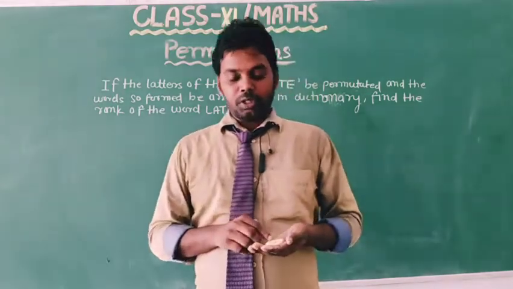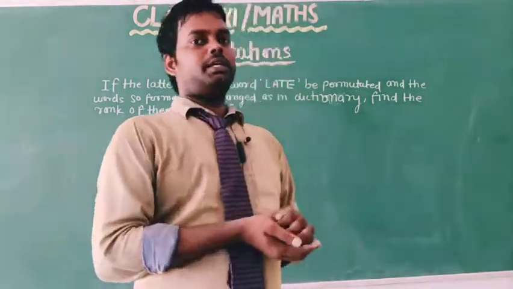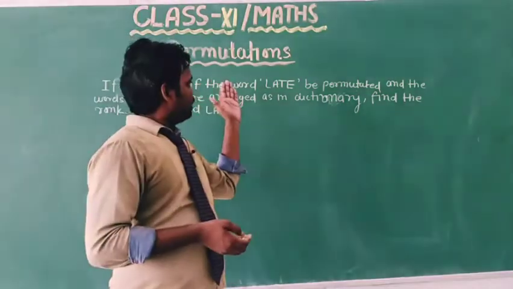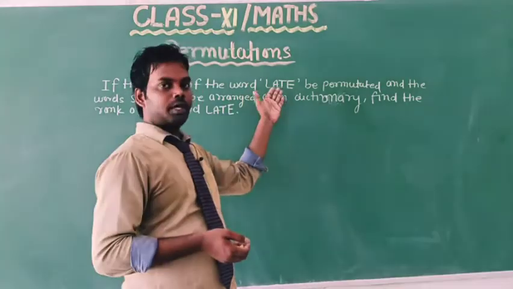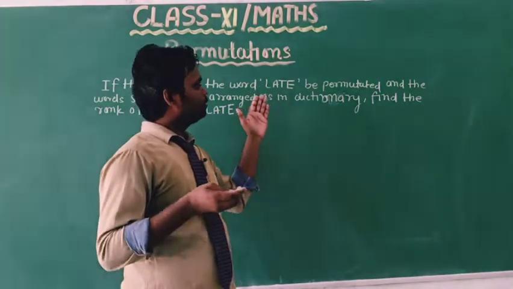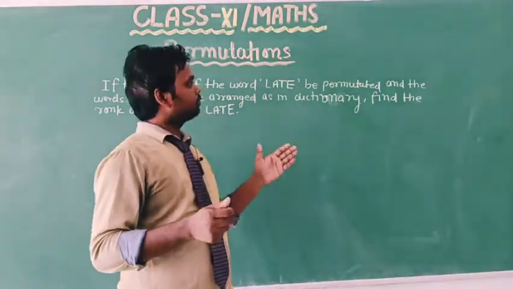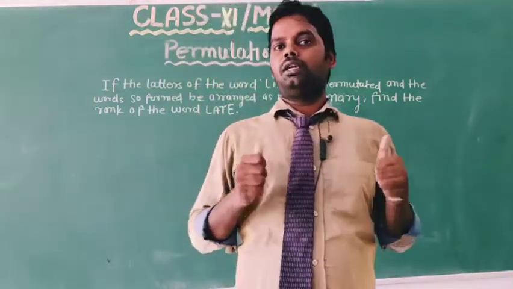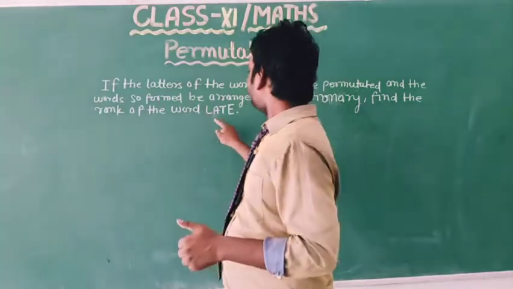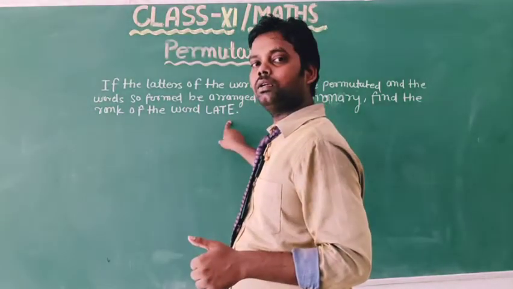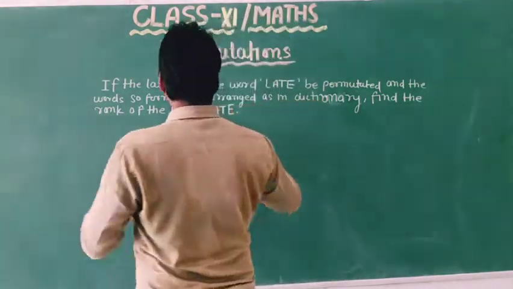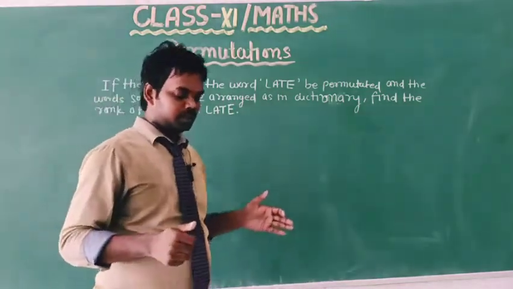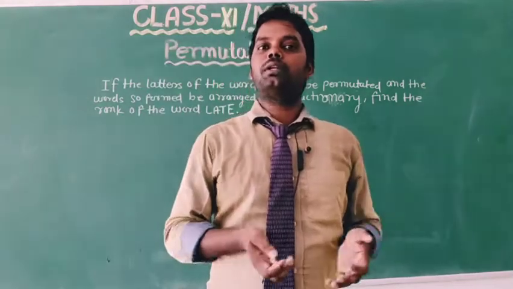So here in this question we are asked, if the letters of the given word are permuted according to dictionary order, what is the rank of LET? That means, when does this word LET come, after how many words.